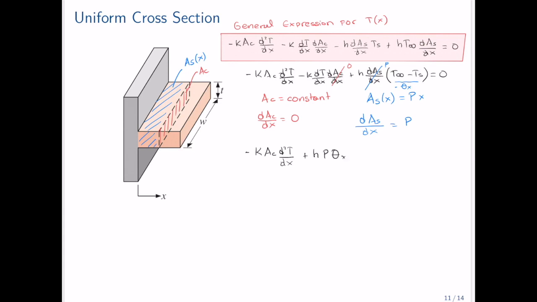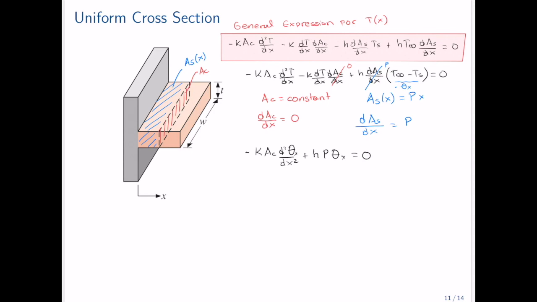Also, I can replace in the derivative T by theta. So let's do it. So this could be equal to theta, a function of x. So this is a second order differential equation, and this should be equal to 0.